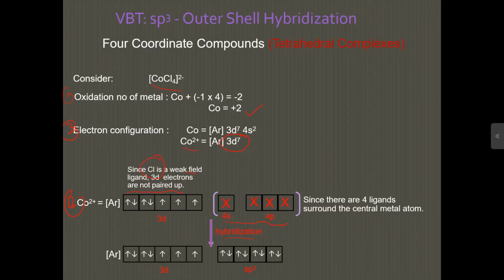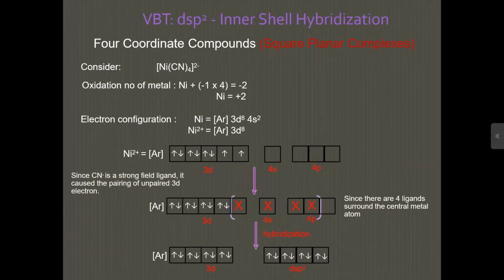Then you get the new arrangement of valence bond theory for this complex, which is 3d and sp3. The empty orbitals will be filled up with electrons from the ligand. This is the 4th step in writing the valence bond theory for sp3 outer shell hybridization. If you have sp3 outer shell hybridization, it means the complex should be tetrahedral in molecular geometry.